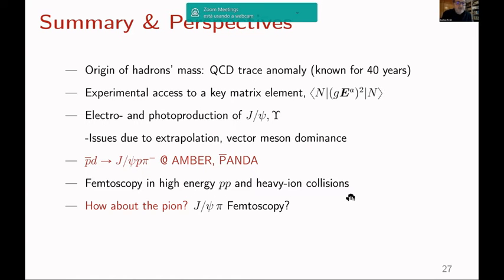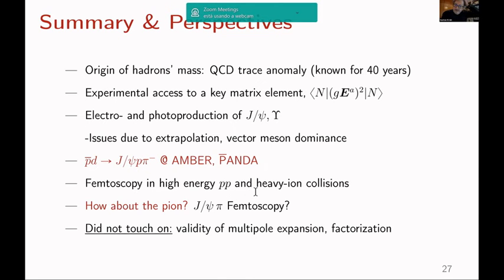So how about the pion? It's the same, but if the J psi proton scattering length is small... there is lattice data for J psi pion, but the error bars are very big. There is a very recent one for Upsilon pi. I'm looking into that to see if femtoscopy of J psi pion will be feasible.